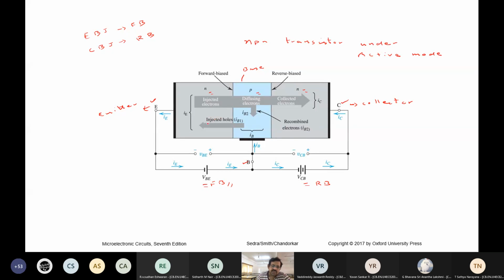The small VBE is actually the drop across this junction, and small VCB is the drop across this collector base junction, whereas capital V is the source. Capital V stands for how much source we are applying, doesn't matter. So this is about this notation.